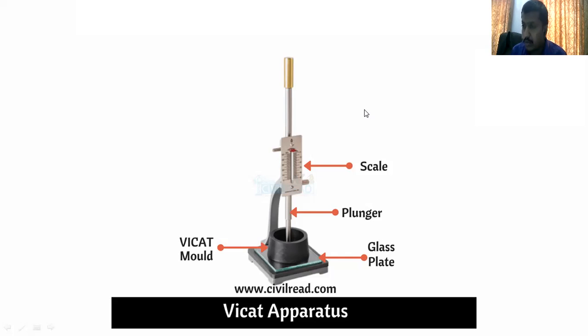So you have to find out at what percentage. It may be 27.5, it may be 28, it may be 28.1, it may be 26.9. So at what percentage the penetration of the plunger is 30 to 35 mm from top, or 5 to 7 mm from bottom, you have to see.